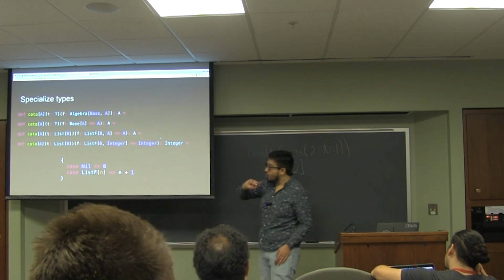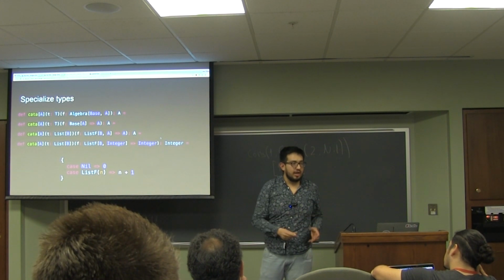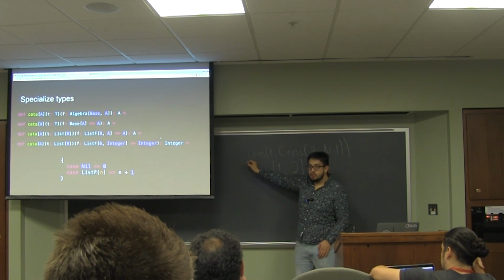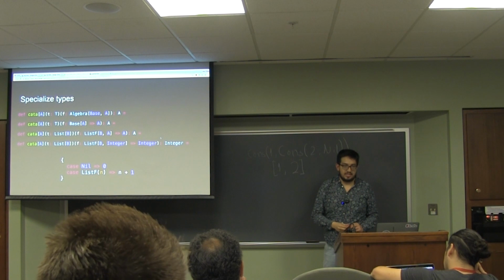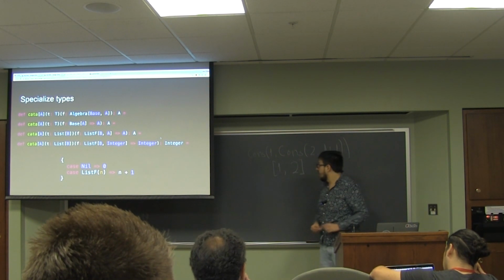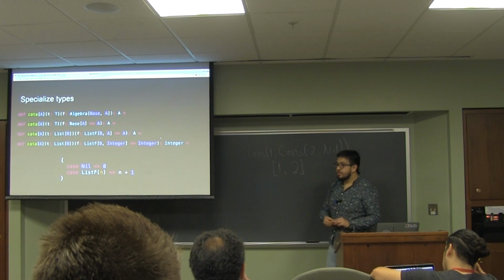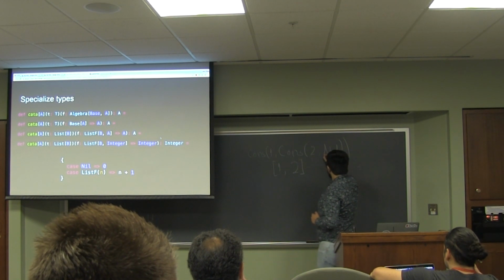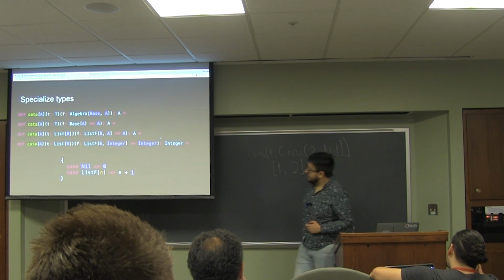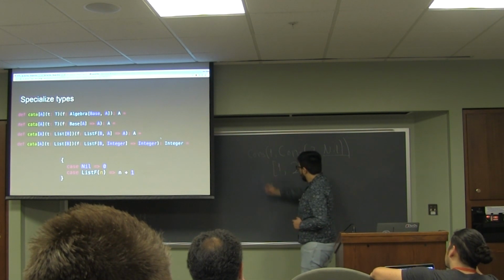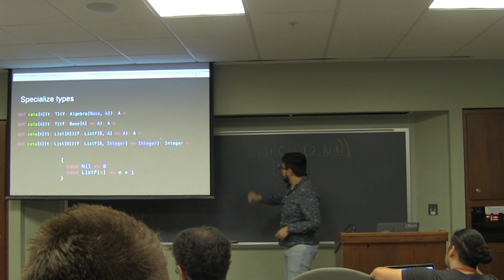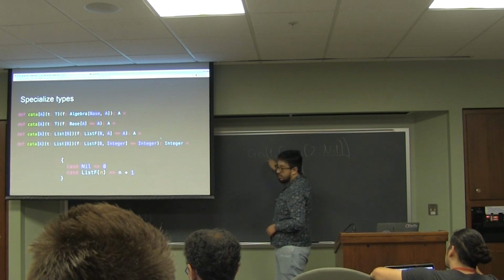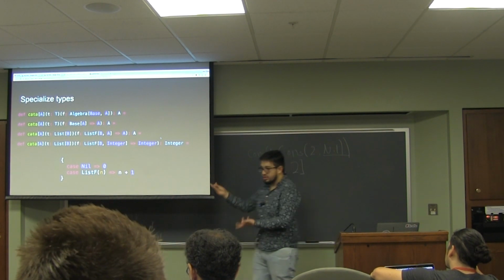So when Matryoshka is going to take our list, it will go all the way to the end of the list, to the deepest part of the structure, and start folding there, because this is the place where we don't have a recursive position. So we will go all the way here to nil and replace that with 0. Then we will have 0, then 1, 0 plus 1 is 1, plus 1 is 2, so the length of the list is 2.